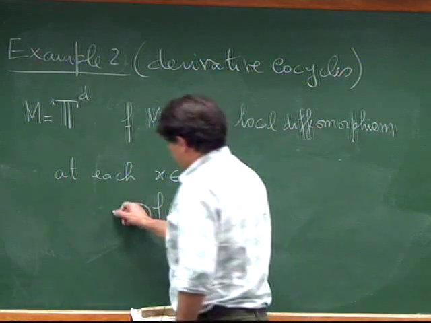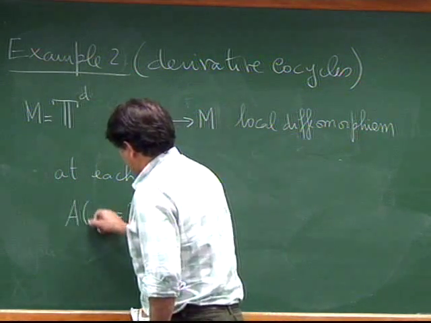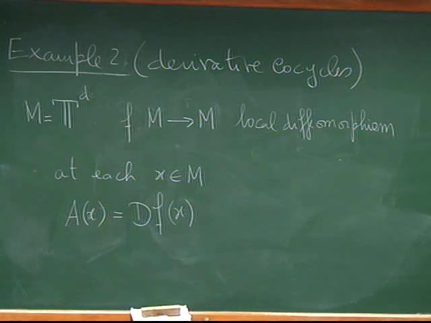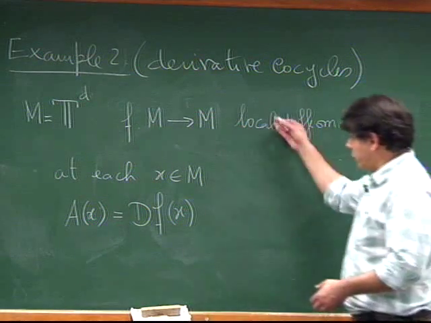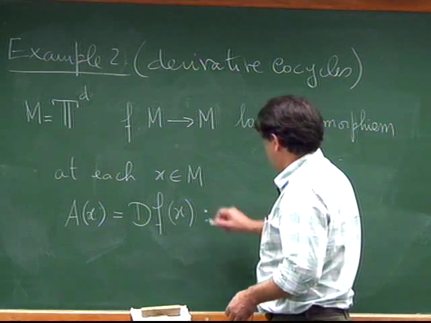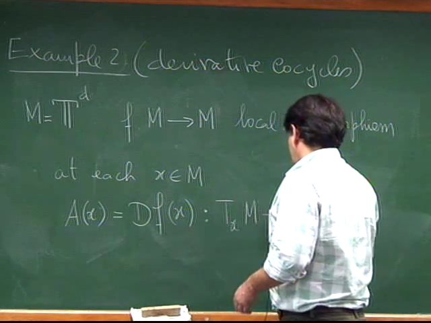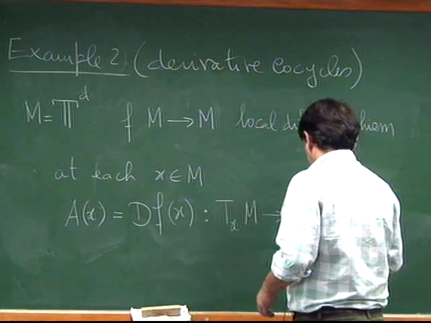And I'm going to call this A of x. So what is the derivative of a diffeomorphism? It's a map from the tangent space to the tangent space at the image.